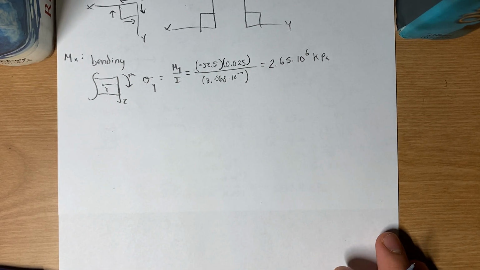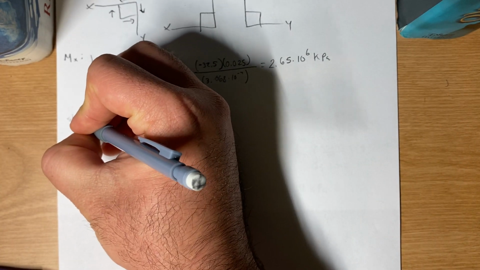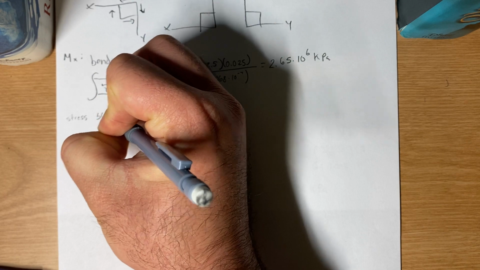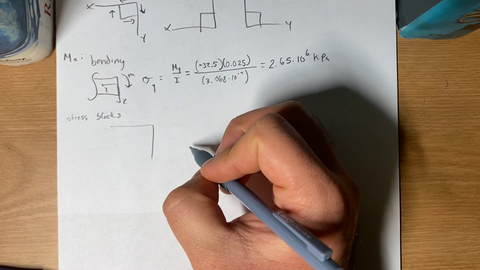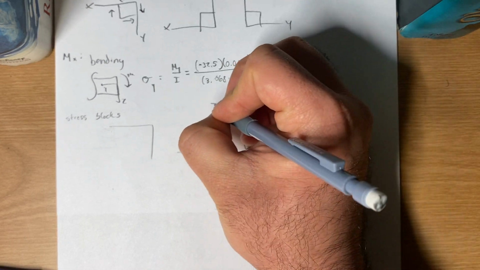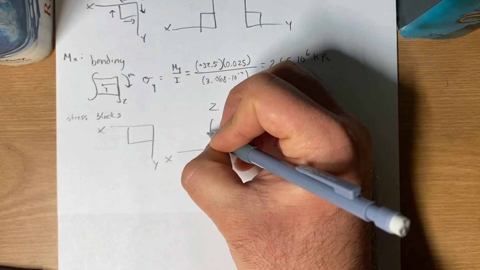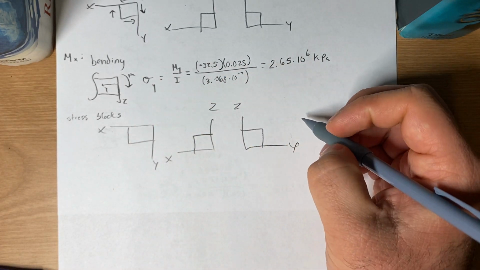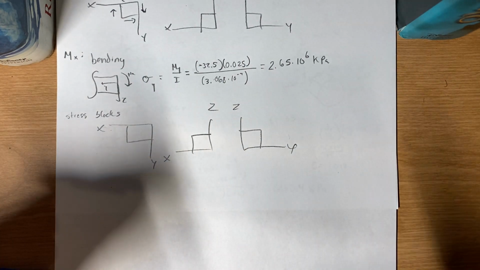So if I draw my stress blocks, same thing, so just quickly, y, z, z, x, x, y. According to this picture, my x is going that way.